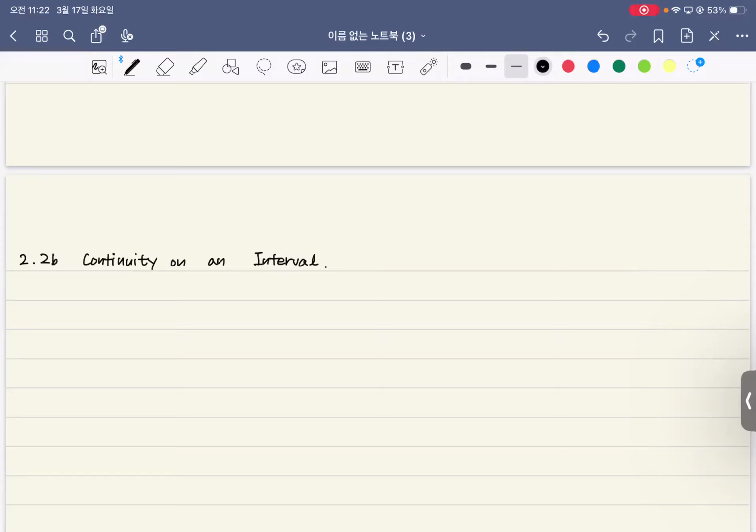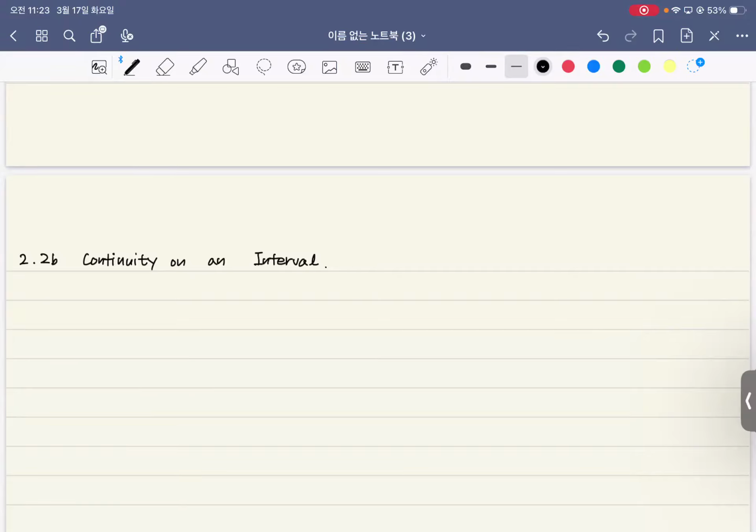So far, we have been discussing the definition of a function being continuous at a single point c. We can easily do that by using an epsilon-delta argument.